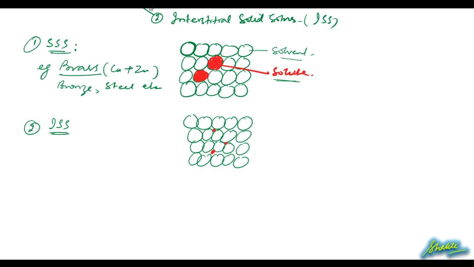The example for this is tungsten carbide, where tungsten atoms are arranged in face centered cubic pattern and carbon atoms in octahedral holes.